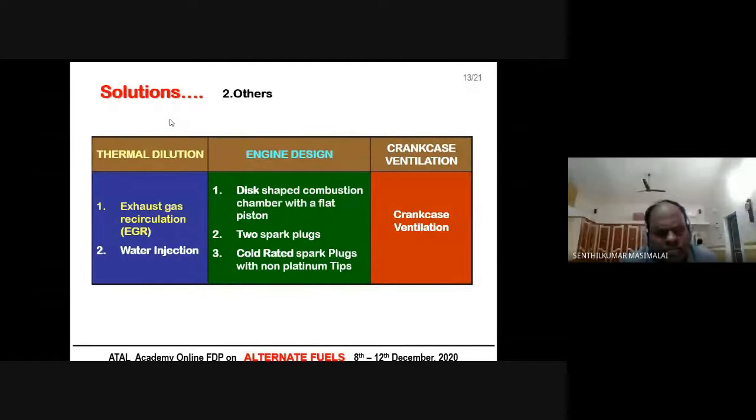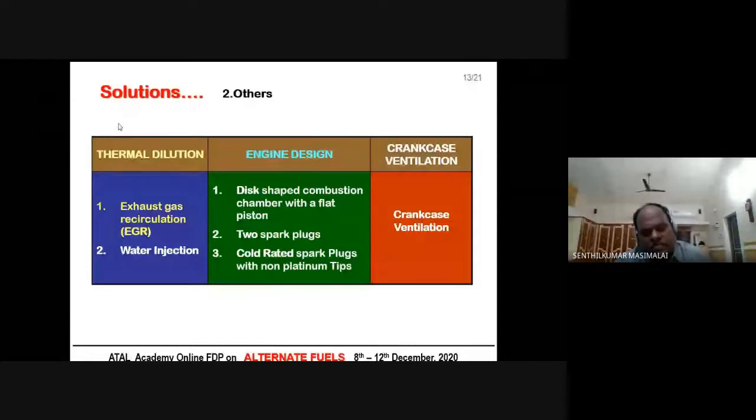So we can control combustion of hydrogen by adopting thermal dilution techniques. It's exhaust gas recirculation and water injection. These are some of the techniques used for controlling the combustion rate of hydrogen.